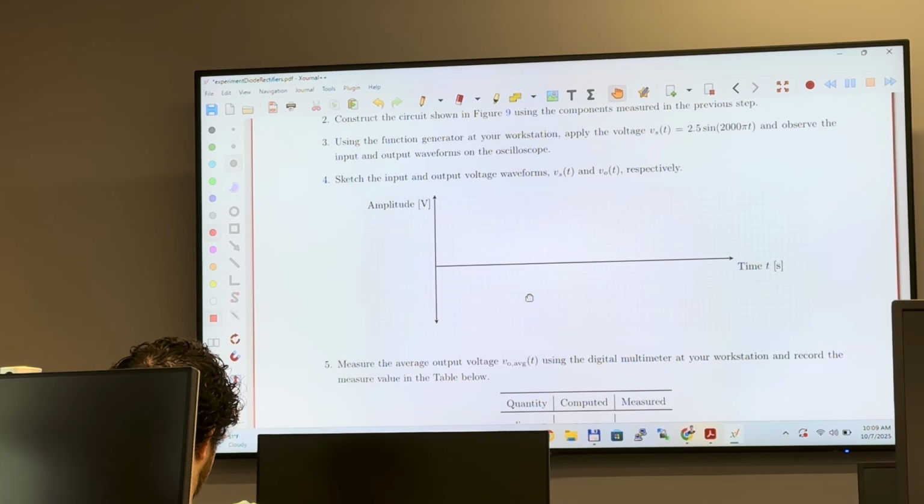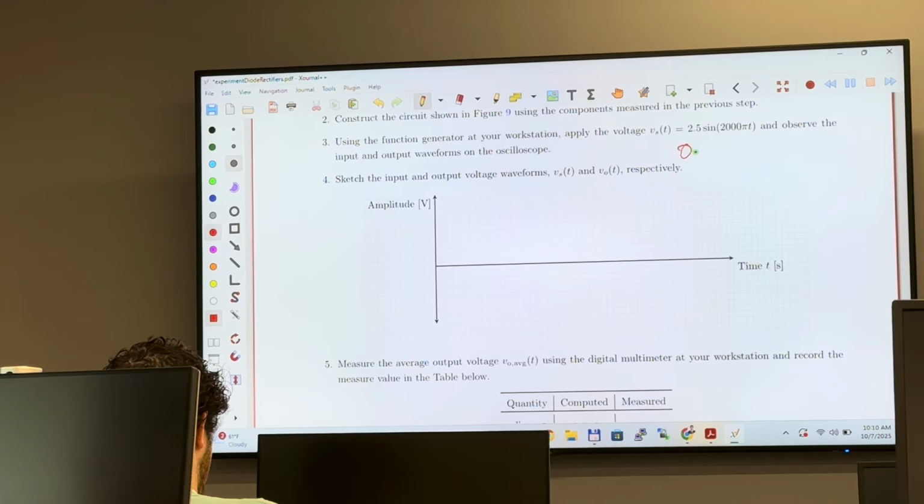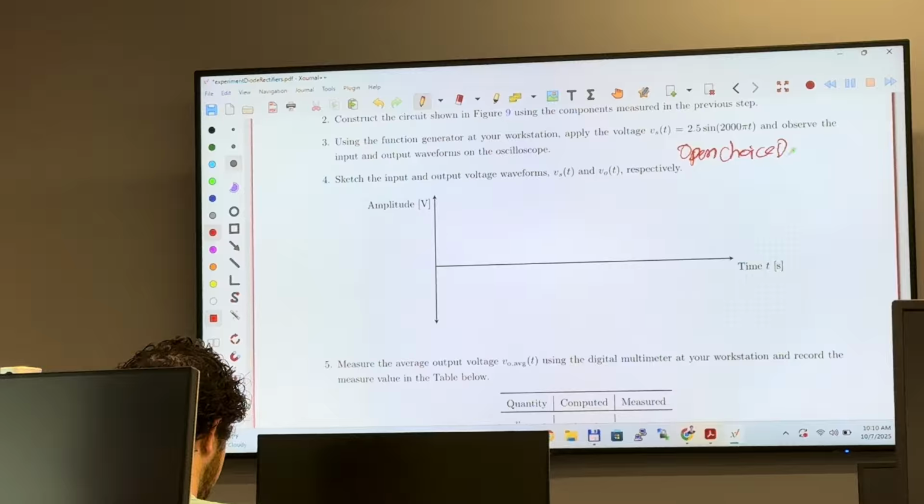some of you actually did this for our first op-amp experiment. In our laboratory computer, actually in almost all the laboratory computers, you will see there is a software called Open Choice Desktop.